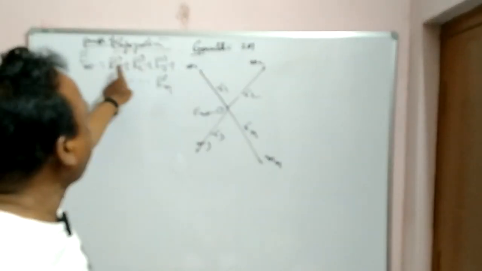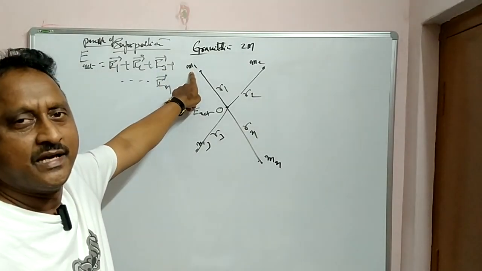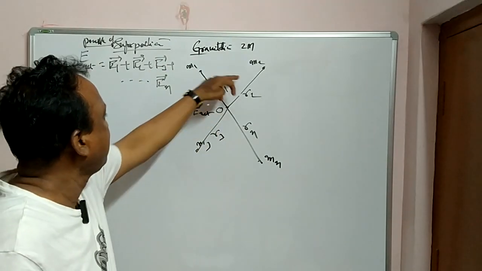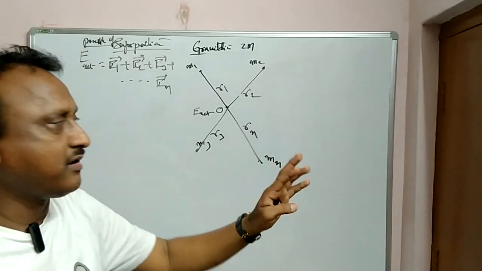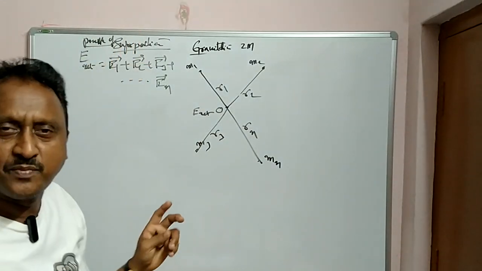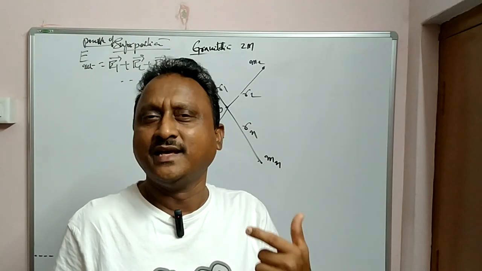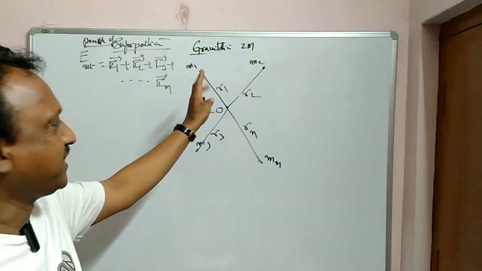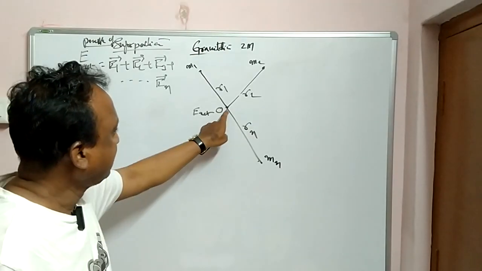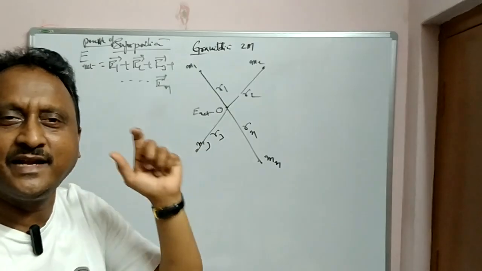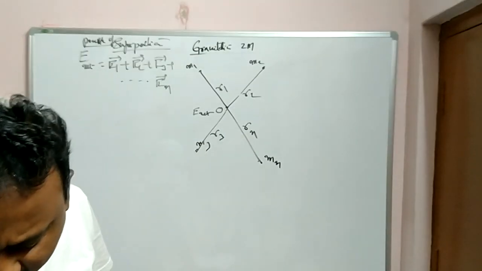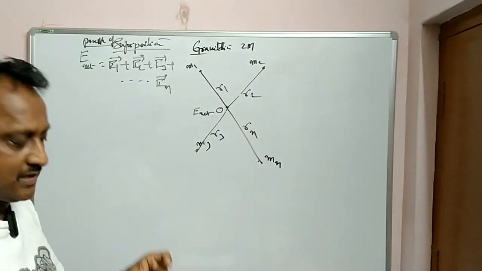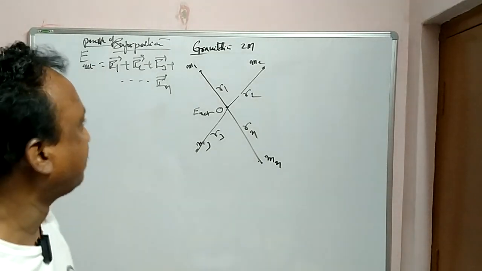So it is the vectorial sum of all the gravitational field intensities, E1 plus E2 plus E3, E4, E5 up to En. This is called the principle of superposition in finding the gravitational field intensity due to a number of masses distributed. Due to all these, at O we are finding the net gravitational field intensity. So this is how we get the vectorial sum of all the gravitational fields. Clear?